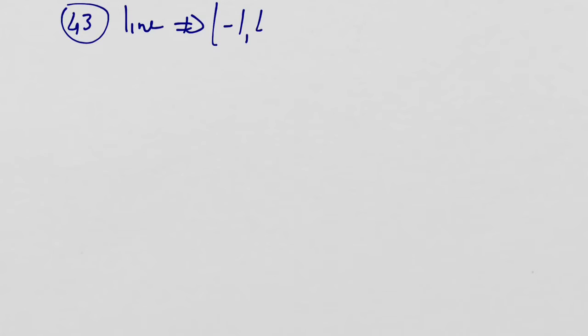Let's try to do problem number 43. The question is: find the equation of a line going through the point (negative 1, 4), parallel to another line, which they tell you is defined by the general expression x plus 3y equal 5.